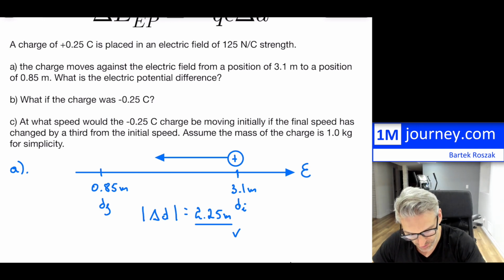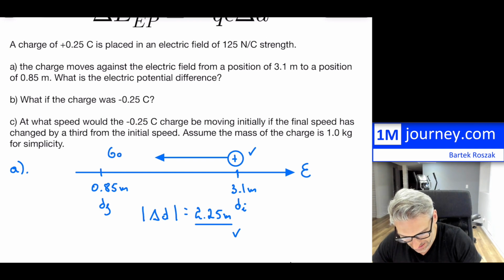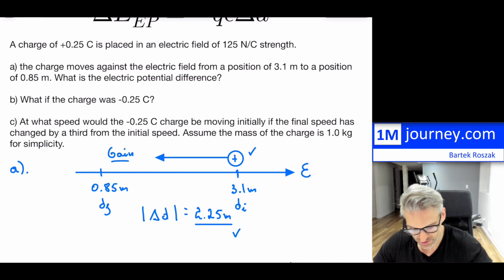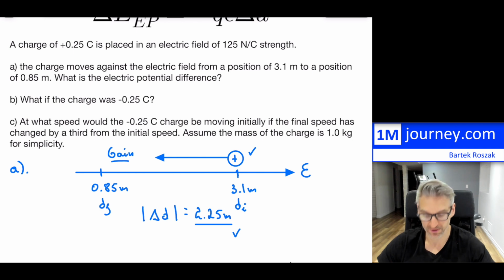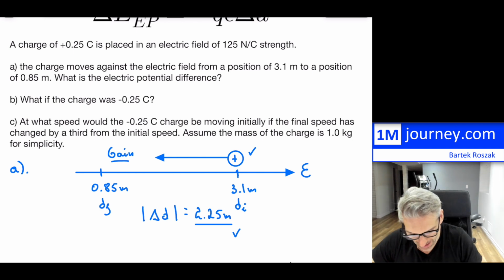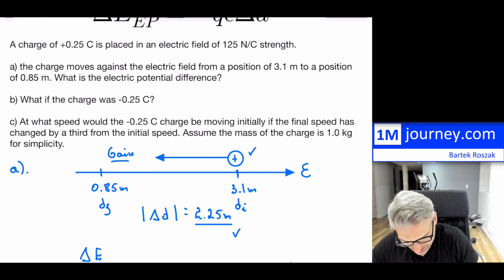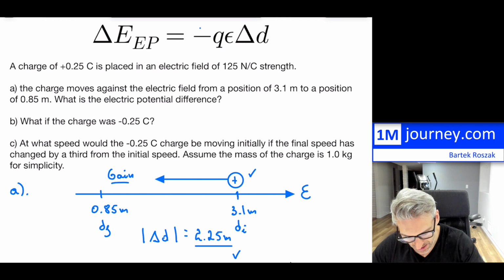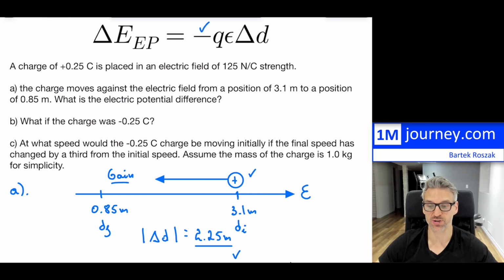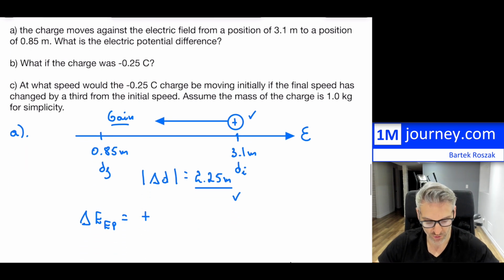As pointed out, since this is moving against the field, it is a gain in potential energy. So the difference will be positive. I know that the actual potential energy difference is indeed positive, so I'm going to put a plus, and therefore this negative sign is irrelevant to me, because I know that if I'm moving against the electric field, I am gaining potential energy.